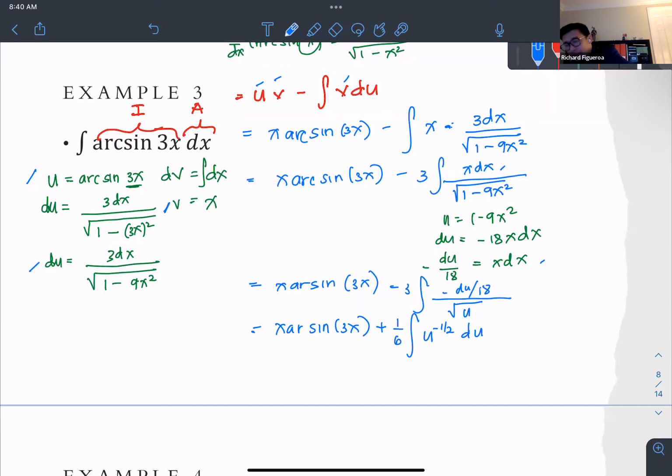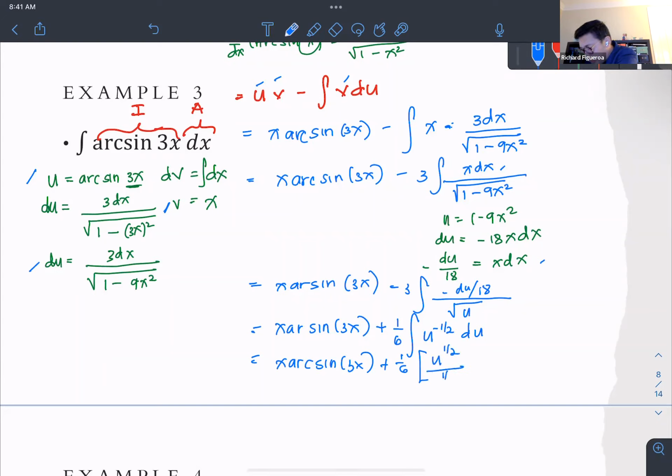So yung square root of u, tatas natin siya para maging positive, para ma-integrate natin siya using power formula. So it will become u raised to negative 1/2 du. So ngayon, power rule na lang yun. So x arc sine of 3x plus 1 all over 6, then u raised to negative 1/2 plus 1 is 1/2 all over 1/2, plus c.